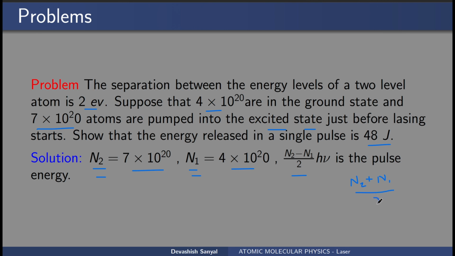When this is achieved, the lasing stops, and that is how you get a single pulse. So the energy in that single pulse will be (n2 minus n1) by 2 times h nu. This is the pulse energy, and if you calculate, it comes out to be 448 joules.